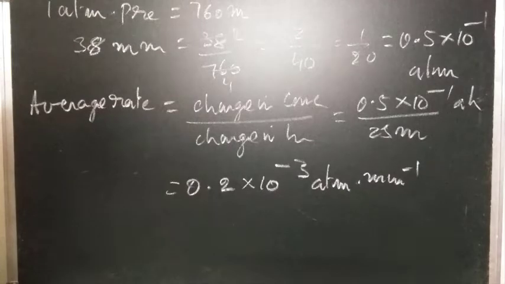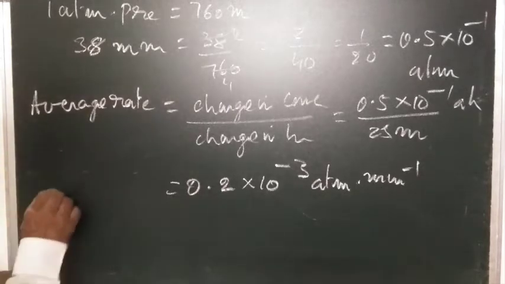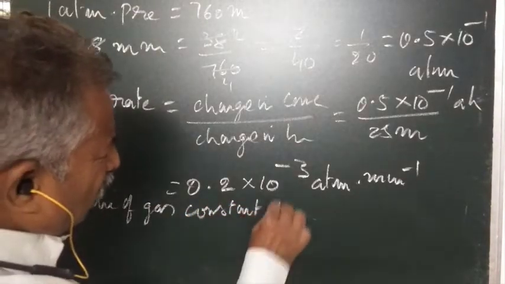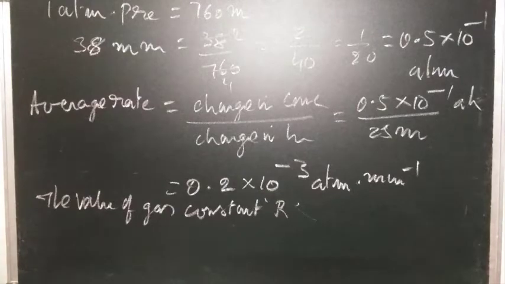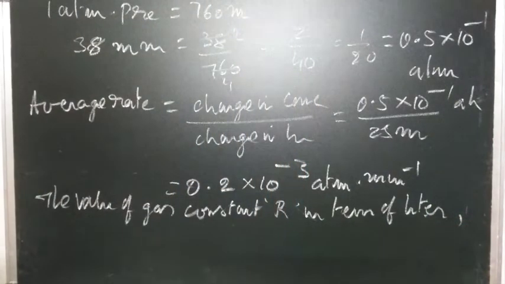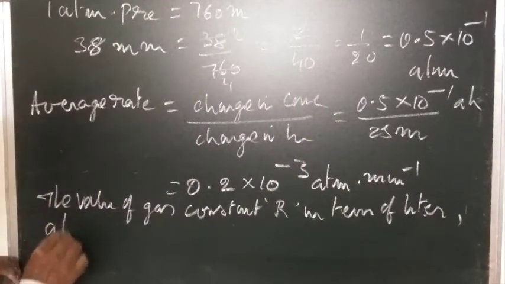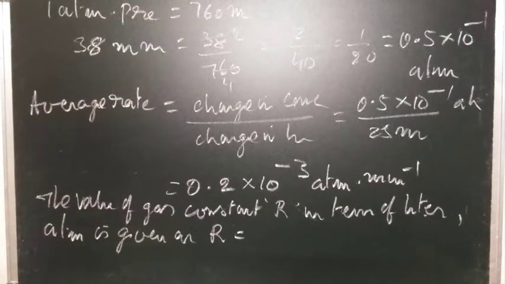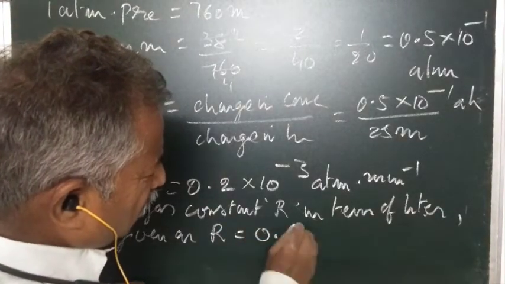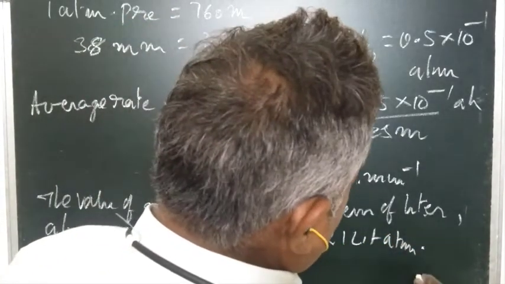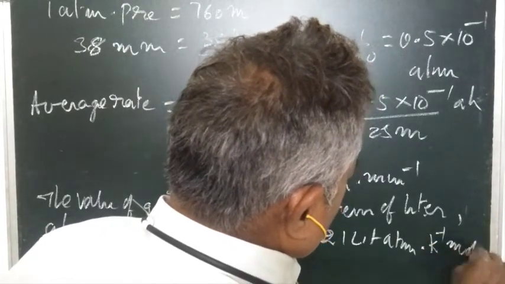Now let us find the rate in terms of moles per liter per second. So the value of gas constant in terms of liter atmosphere is given as R equal to 0.0821 liter atmosphere K minus 1 mole minus 1.